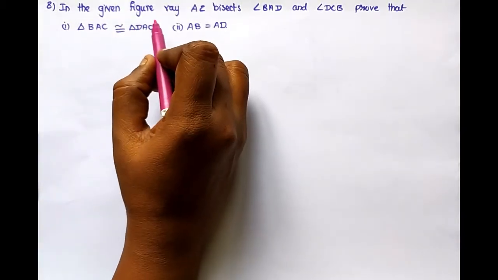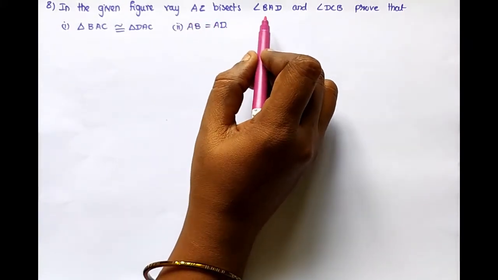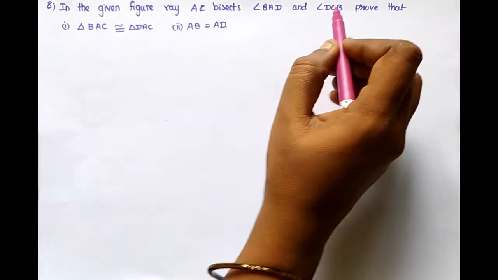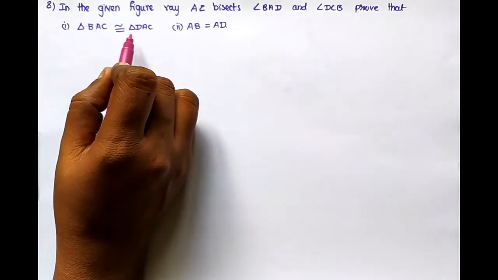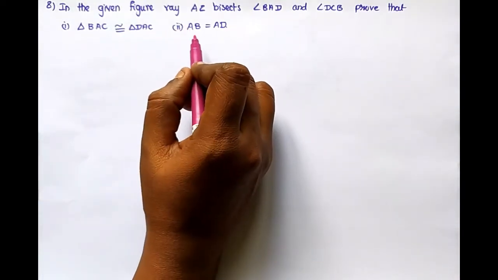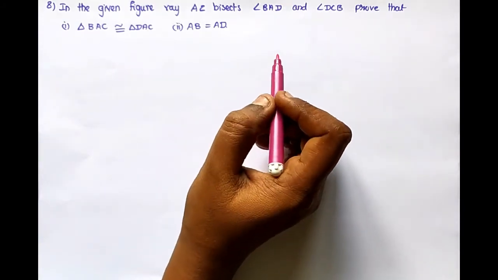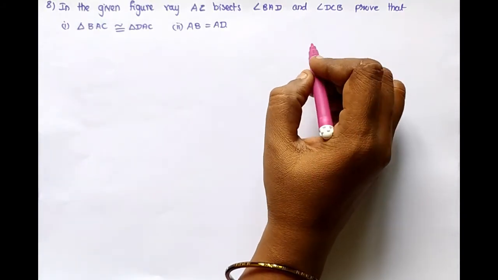Eighth sum. In the given figure, ray AZ bisects angle BAD and angle DCB. Prove that triangle BAC is congruent to triangle DAC and AB equal to AD. Listen.